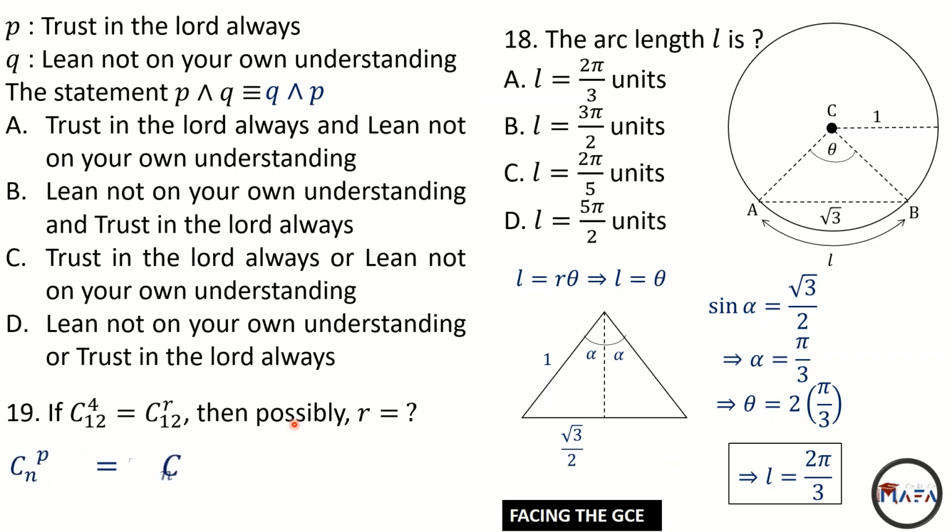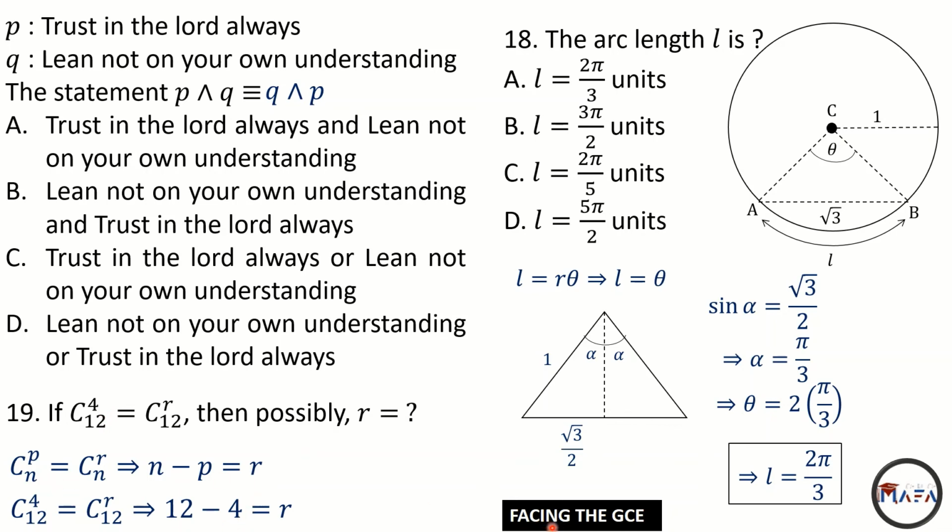Alright, so to recall, if n combination p is equal to n combination r, then n minus p is equal to r, or n minus r is equal to p, the same thing. So if I look at this, this is just a shortcut, though we can perform the combinations and all the rest, but it's going to be longer. So I'm trying to give you what you can use to fasten up your time.